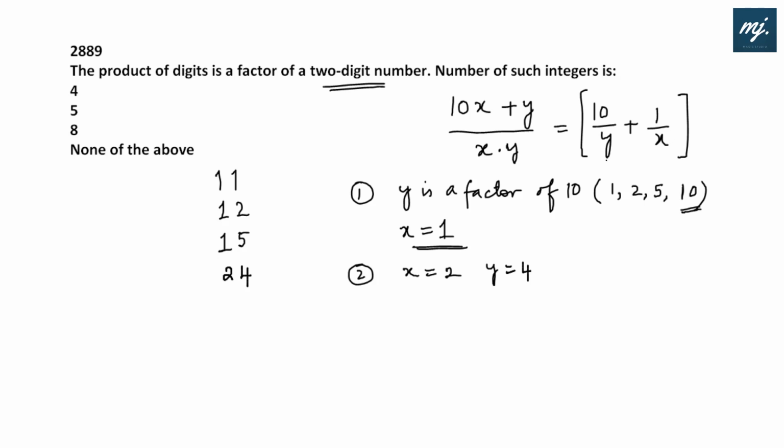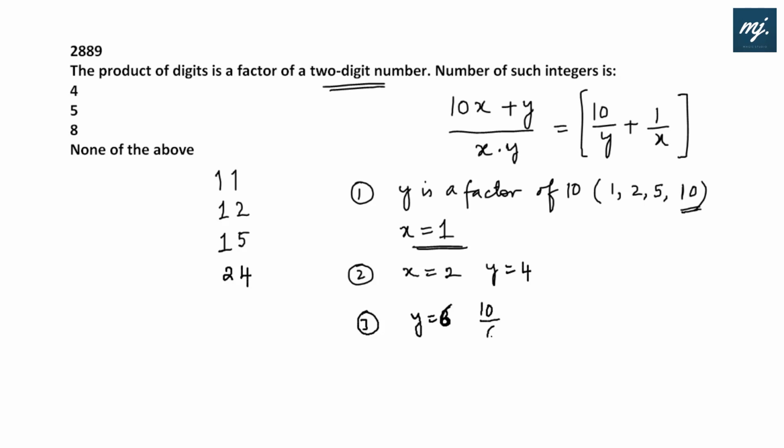I need another 2 here, but here 10 is only 2 into 5, already taken up 4. If I take 5 here, already taken up 5. If I take 6 here, then what will I end up getting? If I take y equals to 6, I'll get 5 by 3. Fine. Can't take 3.